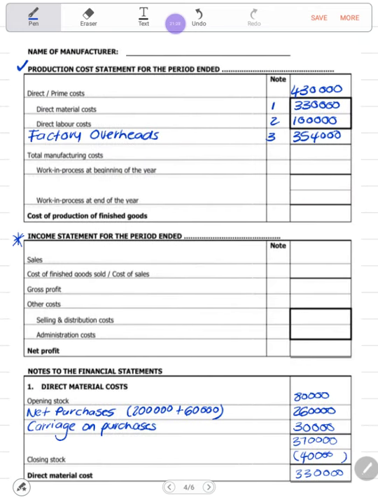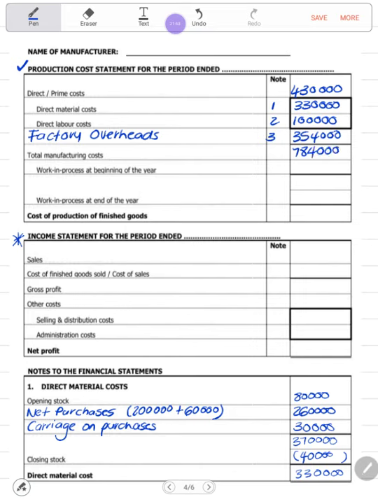Then we need to work out the total manufacturing costs, which will be 430,000 plus 354,000. And you should get a total manufacturing cost of 784,000.